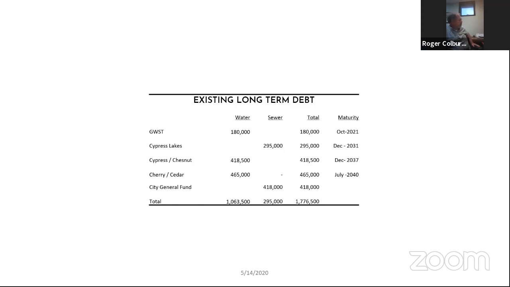181,200. Okay, so the way it works, your income expense statement in the audit will generally report depreciation and amortization as an expense, but it's really a book entry, and we charge it against operations because that's the way to make up for the cost of paying for infrastructure, whether you cash flow it or finance it.